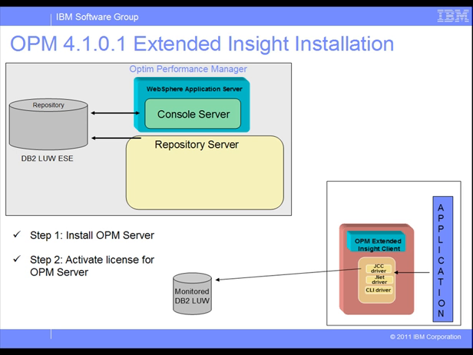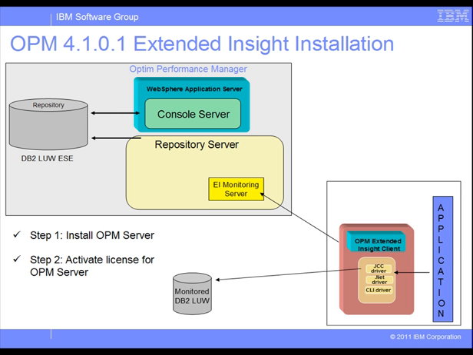Depending on the application type, the Extended Insight client hooks into JCC, .NET, or DB2 call level interface drivers, intercepts database traffic for the monitored database, and collects response time data about transactions and SQL statements. This data is then periodically forwarded to the Extended Insight monitoring server, which then stores it in the repository database.